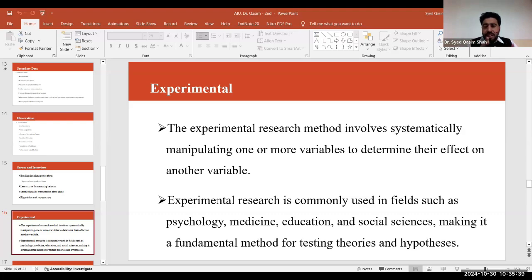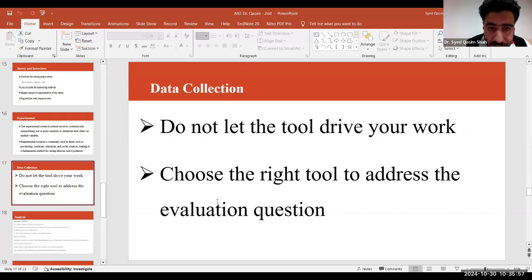It all depends on what type of analysis we are doing. Usually in psychology, medicine, education, and social sciences, where we want to check fundamental methods and test theories and hypotheses, we can use these experimental methods.